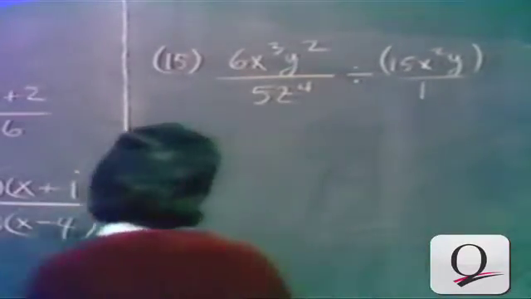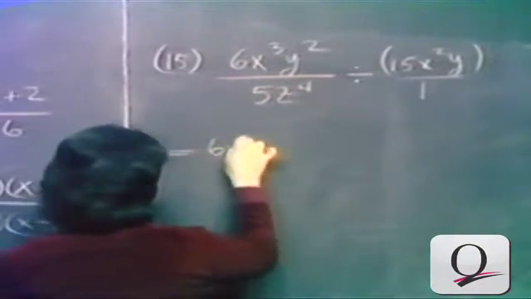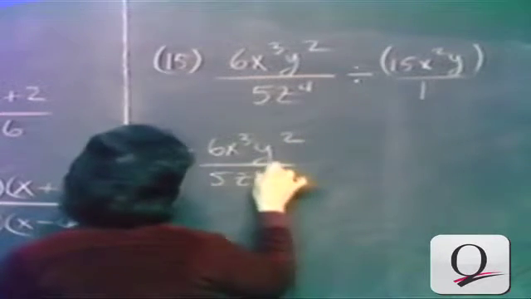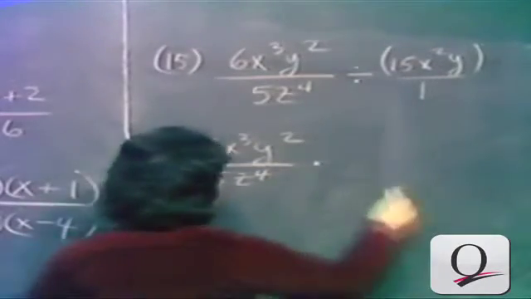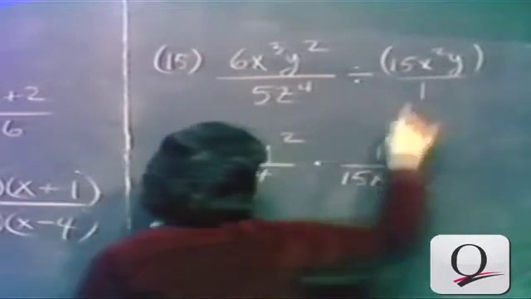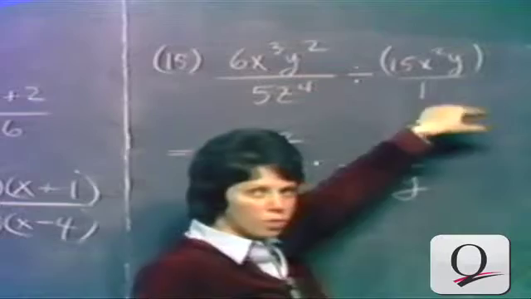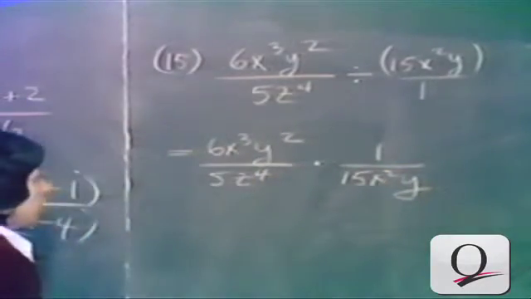And we know that what we can do is invert and multiply. So this is 6x cubed y squared over 5z to the 4th. Instead of dividing by this fraction, we can multiply by the reciprocal, 1 over 15x squared y. Okay, remember that. Even though it's just 15x squared y, you think of it as that over 1, and then when you take the reciprocal, it's 1 over 15x squared y.